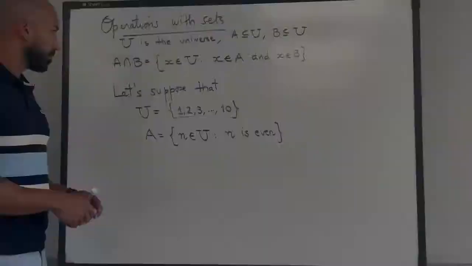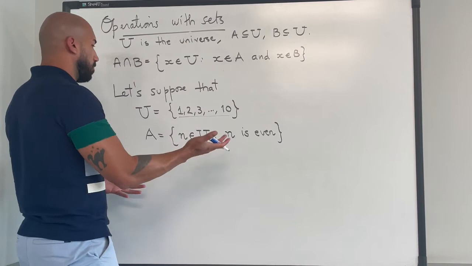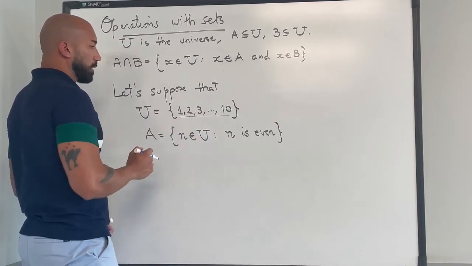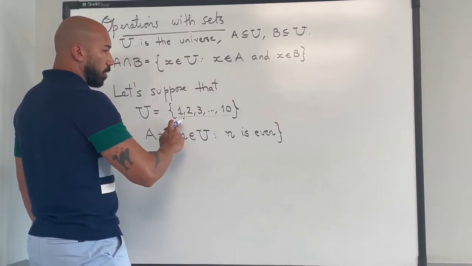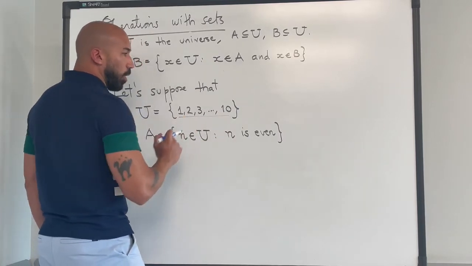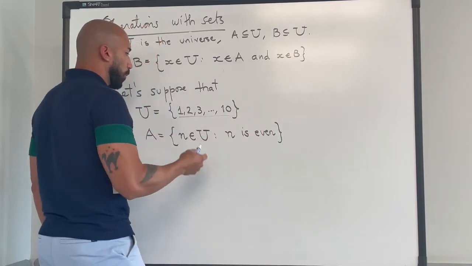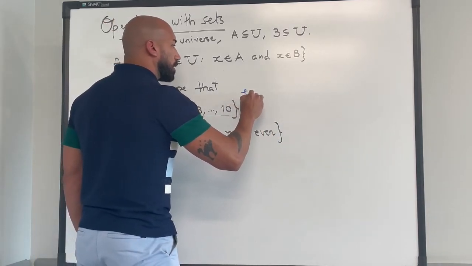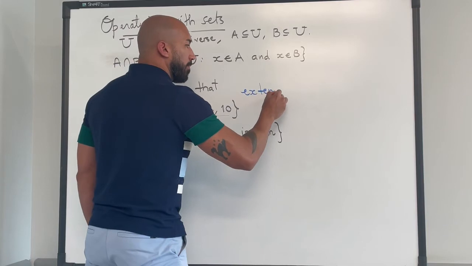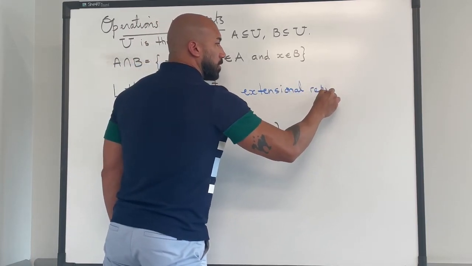Okay? So notice that there are two ways in which we can describe a set. We can simply list all the elements in that set. This kind of description or representation we are going to call the extensional representation of the set.